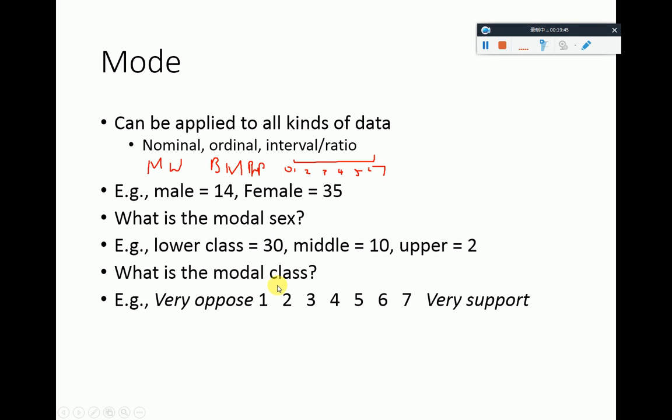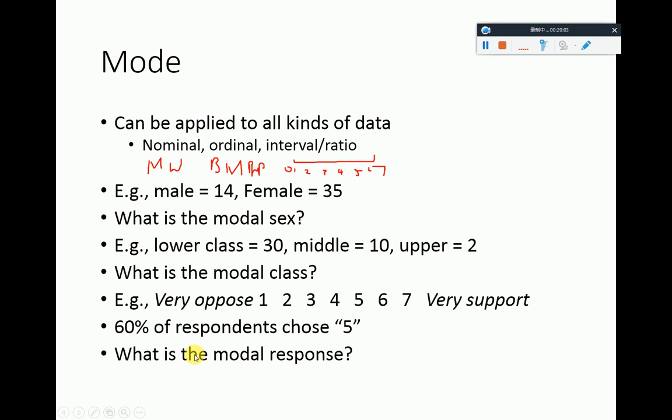We can ask, if on a 7-point scale on a certain issue, 1 indicating very oppose, 7 indicating very support, and in this sample, 60% of the respondents chose 5, well, what is the modal response? Obviously, the modal response is 5 because 60% is the majority.